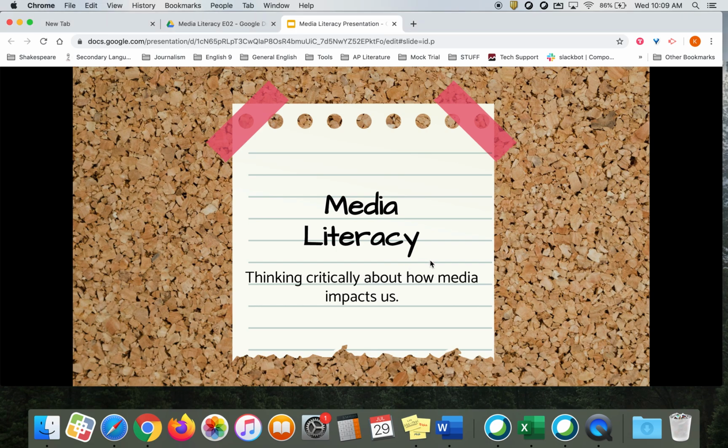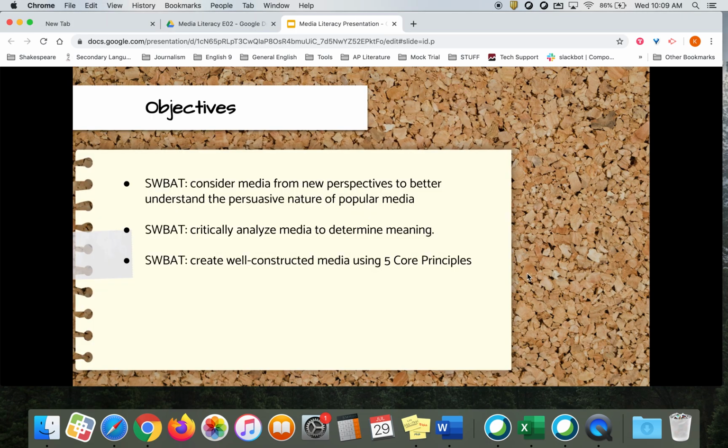So to begin, I have my objectives. Mostly it's just that idea of being able to analyze media more critically and to understand how to use the 5 core principles and key questions in order to do that.